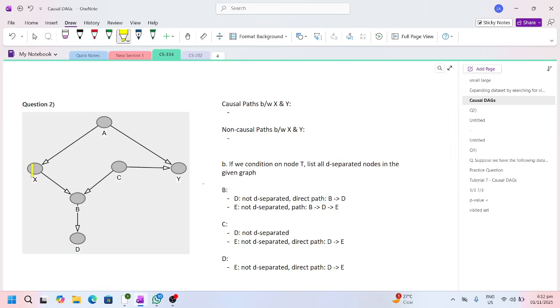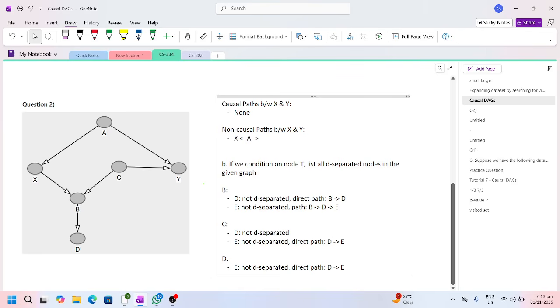Very clearly, I can see this path between X and Y. That's not a causal path. हम पहले causal paths list कर लेते हैं. Interesting. There are no paths between X and Y that are causal in nature. Let's recall कि causal paths के अंदर all the arrows are headed in one direction. But non-causal paths exist करती हैं for sure.